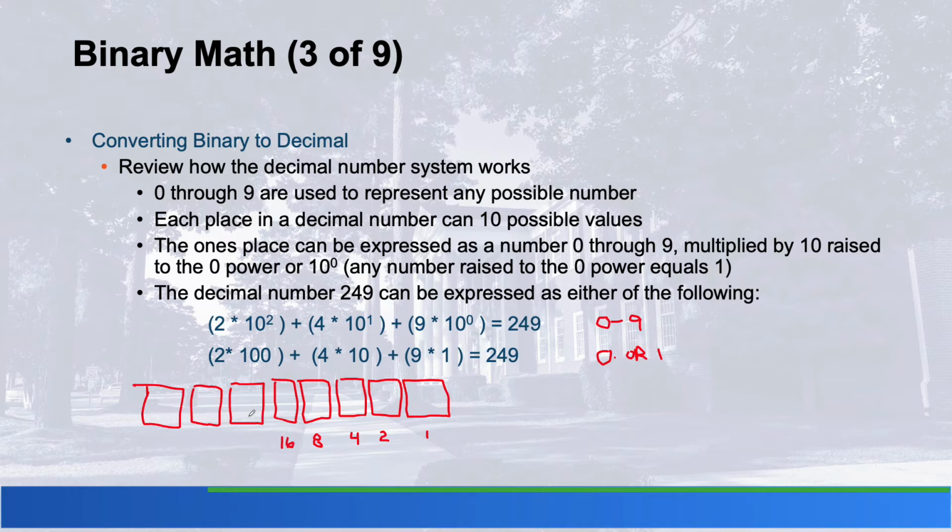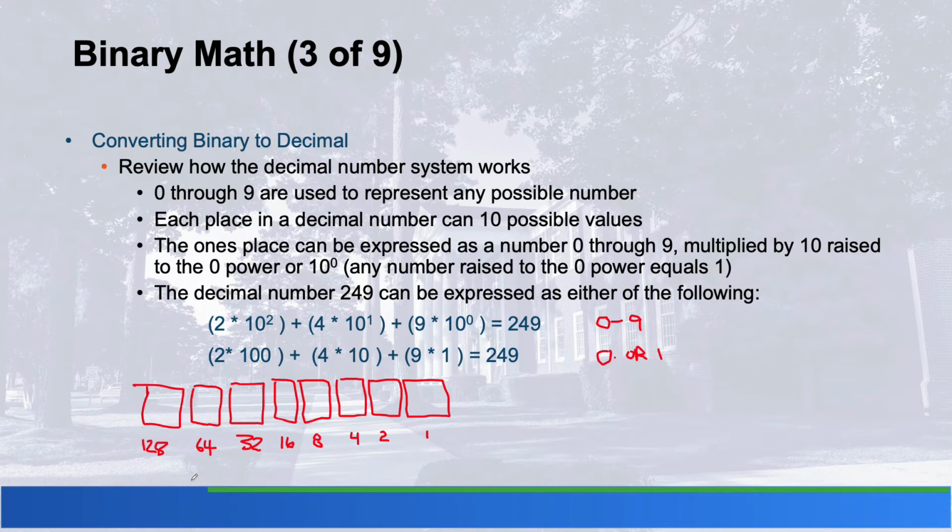We double 16, that's 32. We double 32, that is 64. We double 64, that's 128. So these are the place values we need to know in binary. There are other place values, but because IP version 4 can only have 8 bits, you only need to know up to that place value.